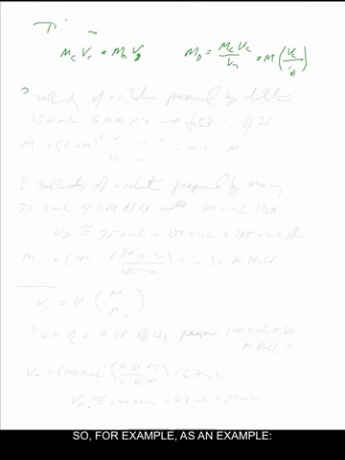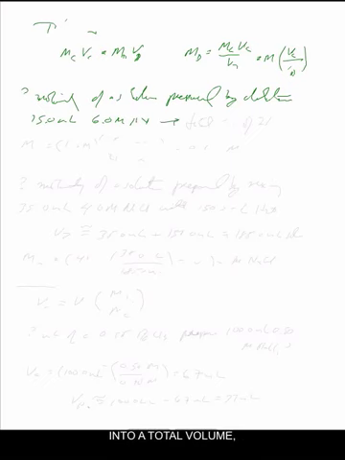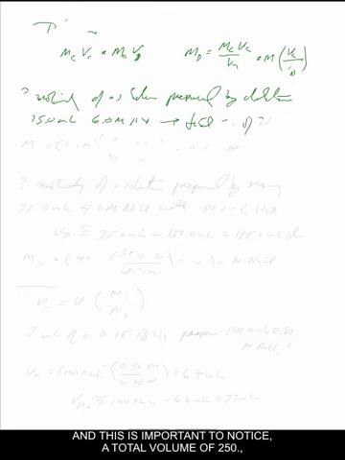So for example, what's the molarity of a solution prepared by diluting, let's say, 25.0 mL of a 6.0 molar HCl solution into a total volume, and this is important to notice, a total volume of, let's say, 250.0 mL.